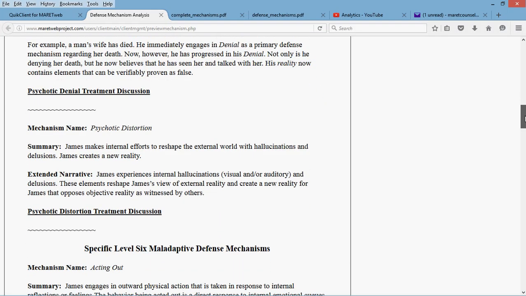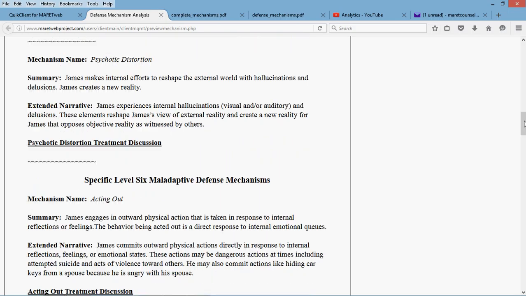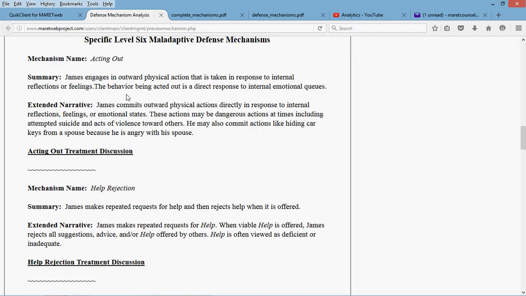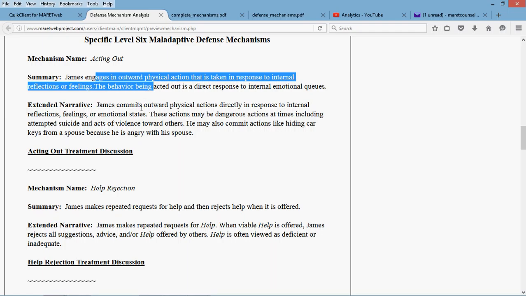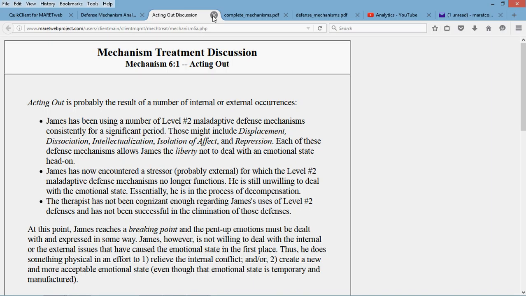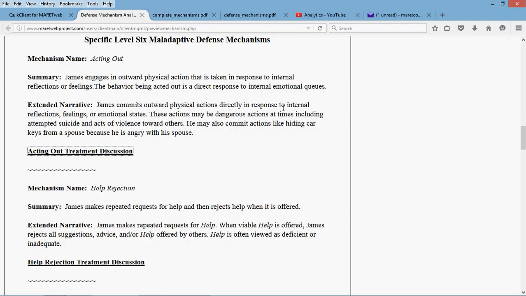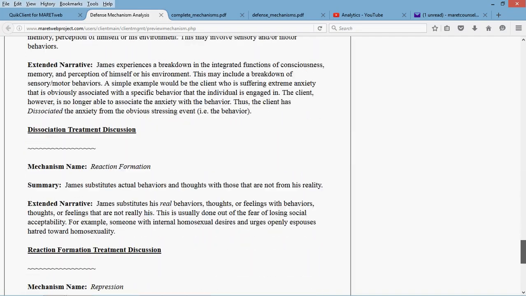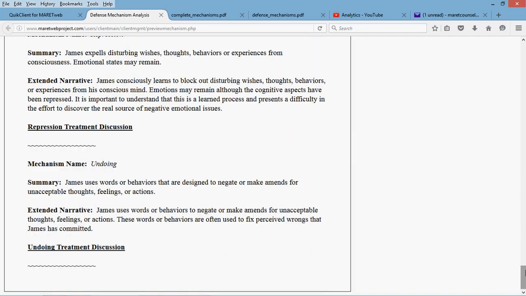Here you see psychotic denial, psychotic distortion, and then we go down to specific level 6 defense mechanisms. Acting out is the name of this one. Short description, extended description, discussion of what acting out means, and some guidelines. Help rejection is the next one. We keep going down through all of these till we get to the end of all that you checked for James.